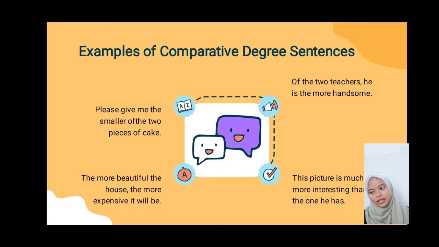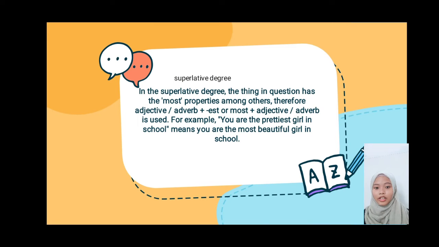And the next, there is the superlative degree. In the superlative degree, the thing in question has the most properties among others. Therefore, adjective or adverb plus est, or most plus adjective or adverb, is used.